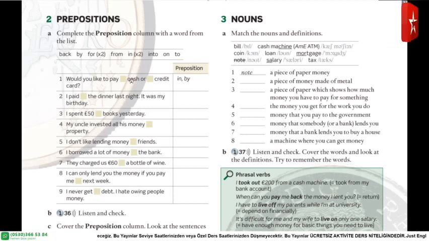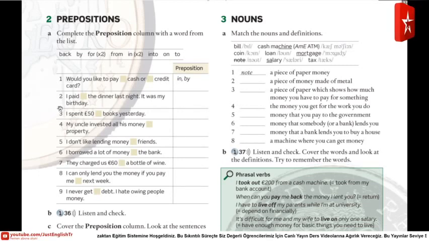If you see cash, we must use in. Before cash, keep in your mind we always use in. So would you like to pay in cash or by credit card? If you see credit card or any plastic cards, MasterCard, Visa cards, any debit cards, we can use by in front of them, like in cash, by credit card.